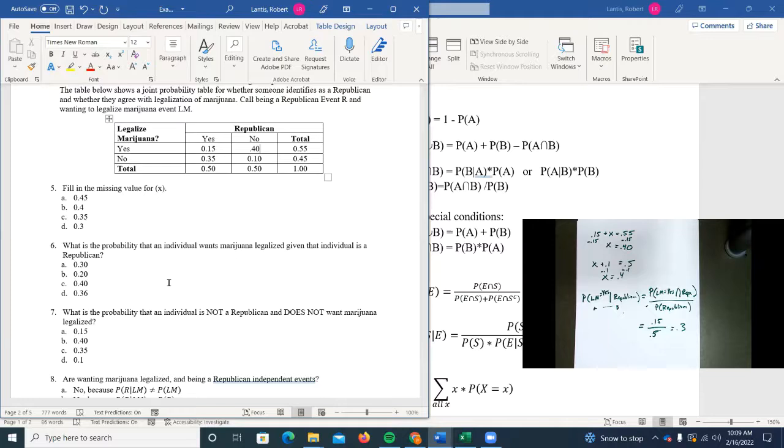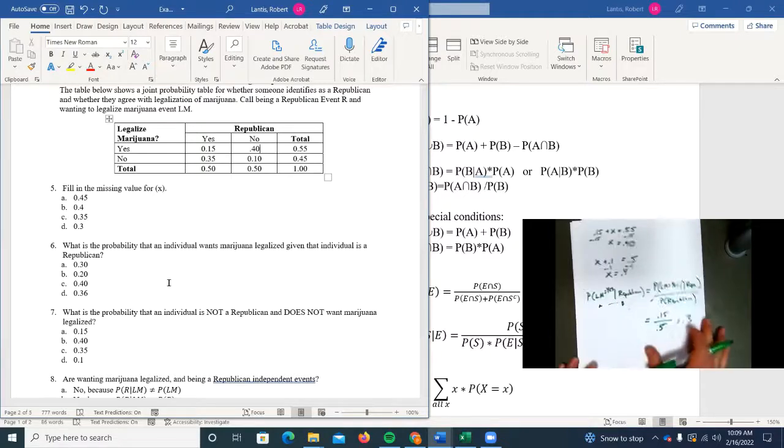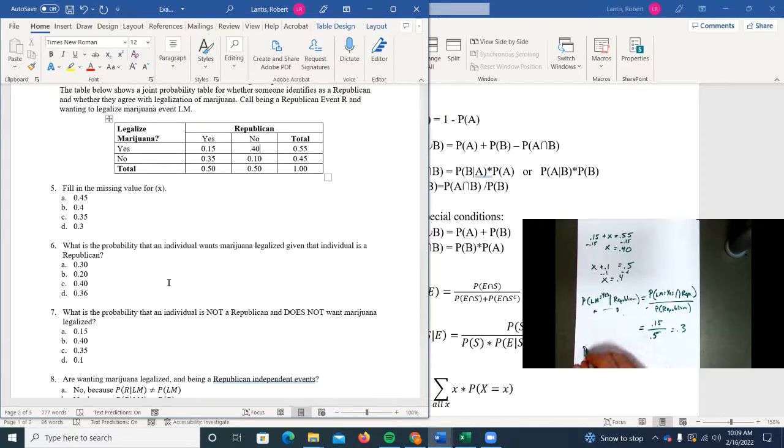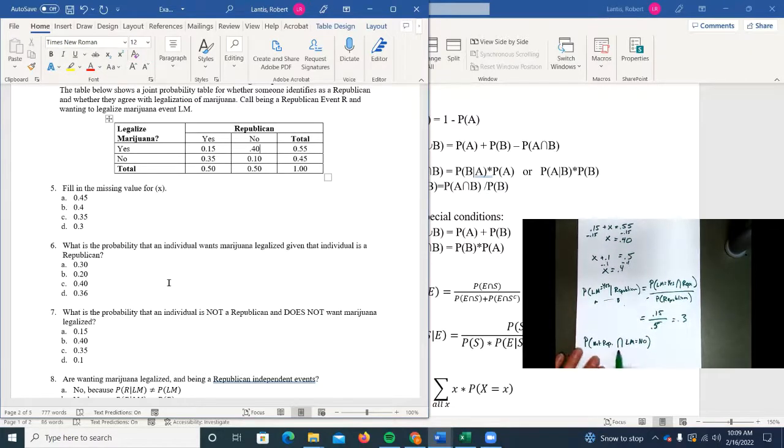But in 7, all I want is the probability that someone's not Republican and does not want marijuana legalized. So if I'm writing this out, all I want is the probability that someone is not Republican and does not want marijuana legalized. Well, if I just want the probability of an intersection, that should just be one of those top 4 left cells, right?